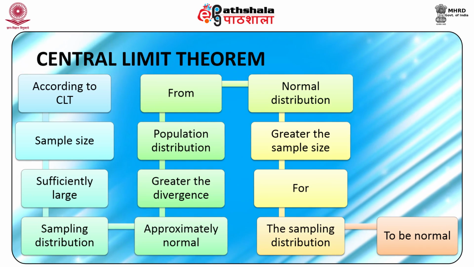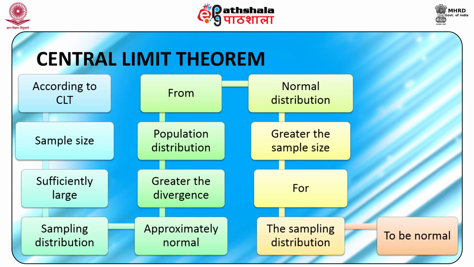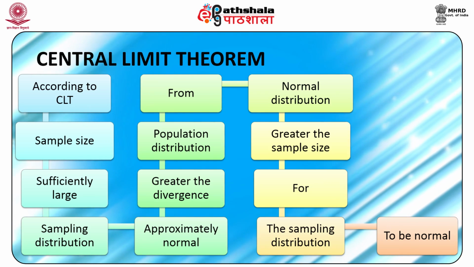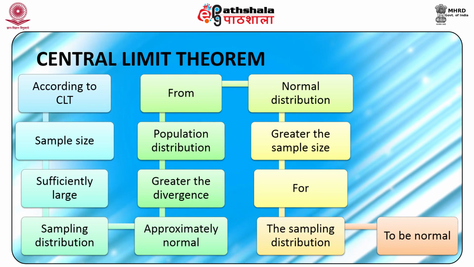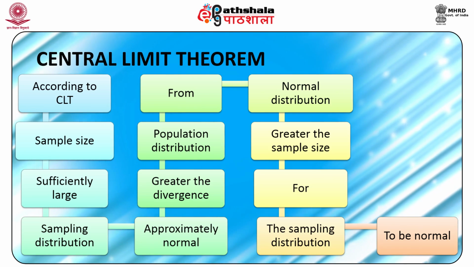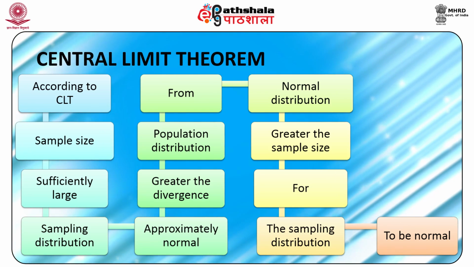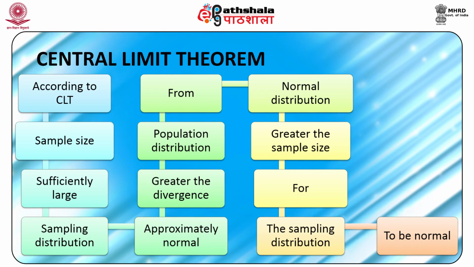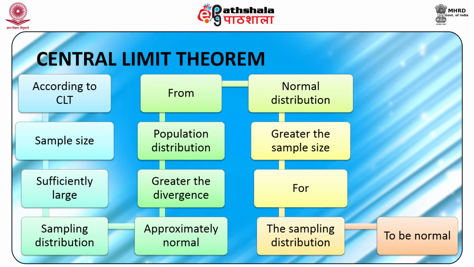Greater the divergence of the population distribution from a normal distribution, greater must be the sample size for the sampling distribution to be approximately normal. Now, since the population distribution itself may be unknown, we may not know how large the sample needs to be for the central limit theorem to apply.